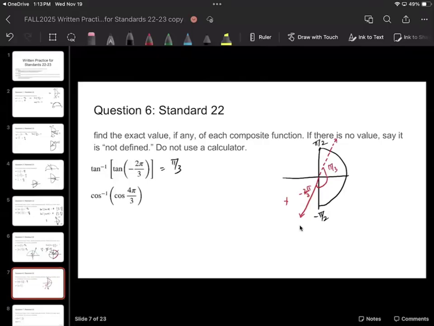So in this next one, again, cosine is defined for an inverse in these two quadrants, 1 and 2. Now where is 4 pi over 3? 4 pi over 3 is here. This is 4 pi over 3. Obviously, that is outside the interval where we are looking. Now, in the third quadrant, cosine is negative.